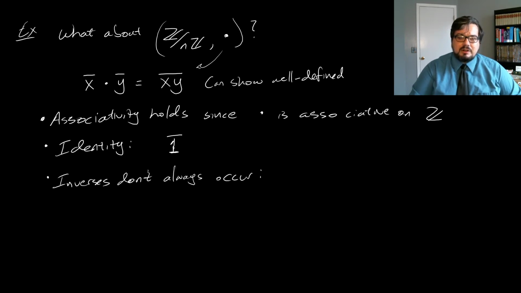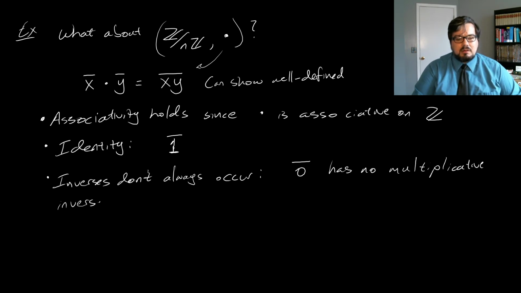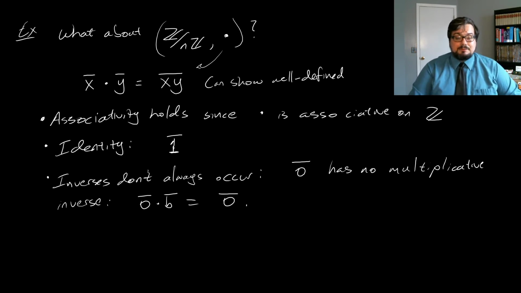In particular, the element 0 bar has no multiplicative inverse, because if I take 0 bar and multiply that by any b bar, that's always just going to be the element 0 bar, which is not the same as 1 bar.